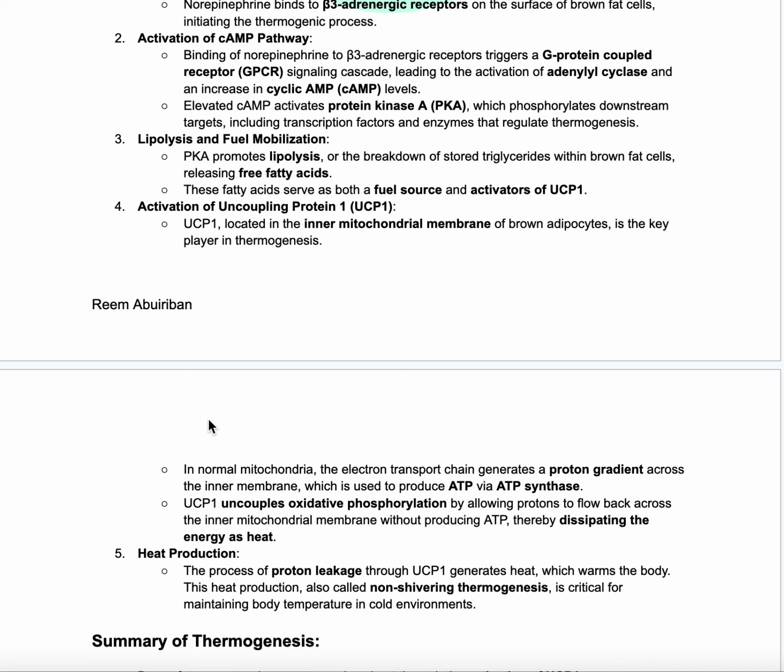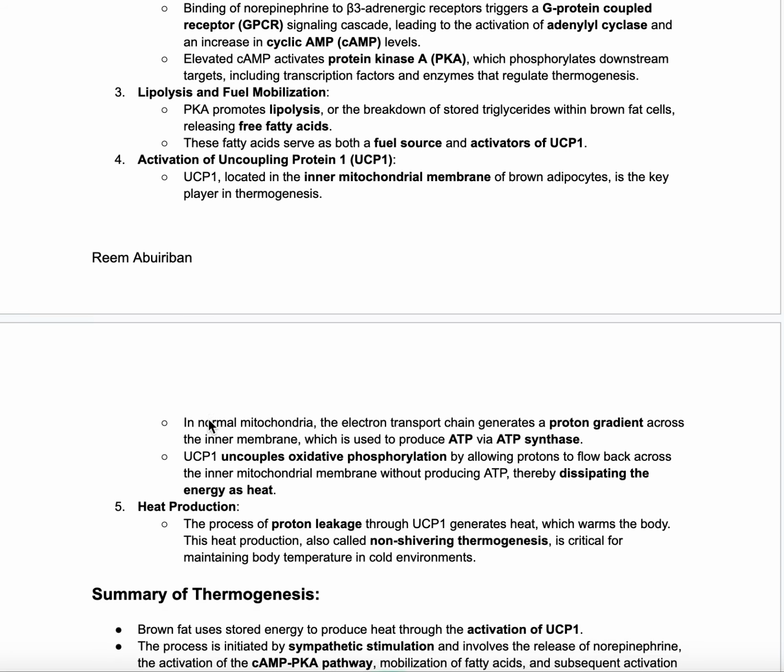In normal mitochondria, the electron transport chain generates a proton gradient across the inner membrane, which is used to produce ATP via ATP synthase. Uncoupling protein 1 uncouples oxidative phosphorylation by allowing protons to flow back across the inner mitochondrial membrane without producing ATP, thereby dissipating the energy as heat.